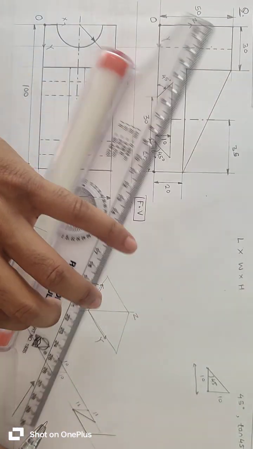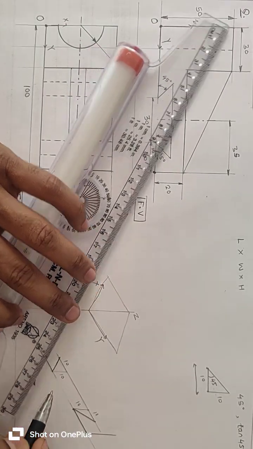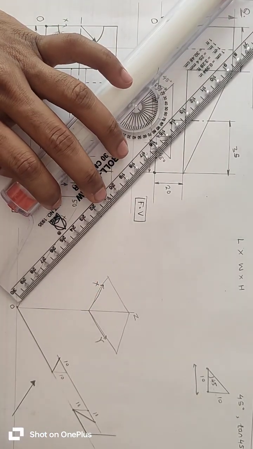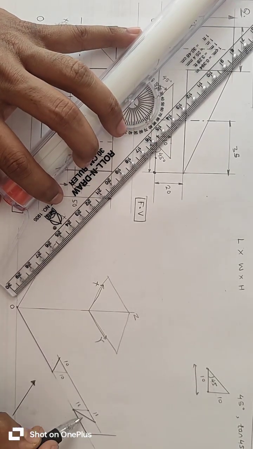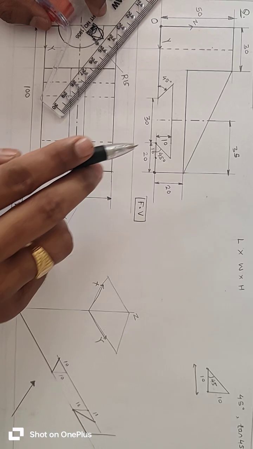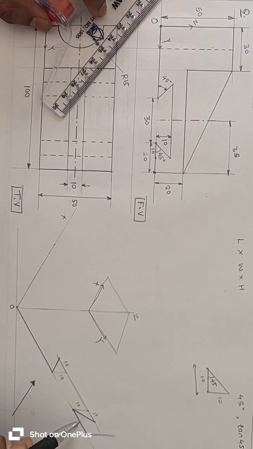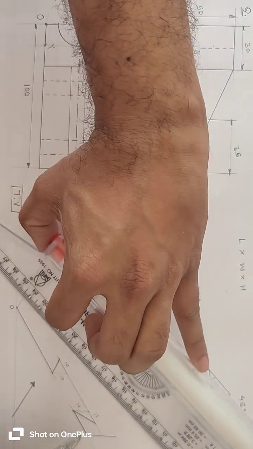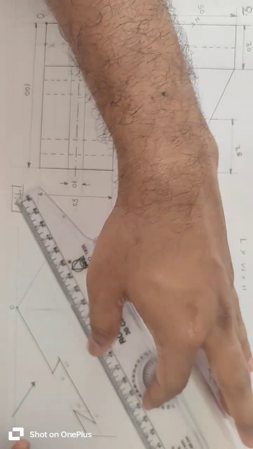Now we will connect these points, and we get a 45 degree angle in the isometric diagram. So these two angles are not equal, and it is also not equal to 45 degrees. Generally this angle is greater than 45 and this angle is less than 45 degrees. Now we will draw the upward line, make it dark.